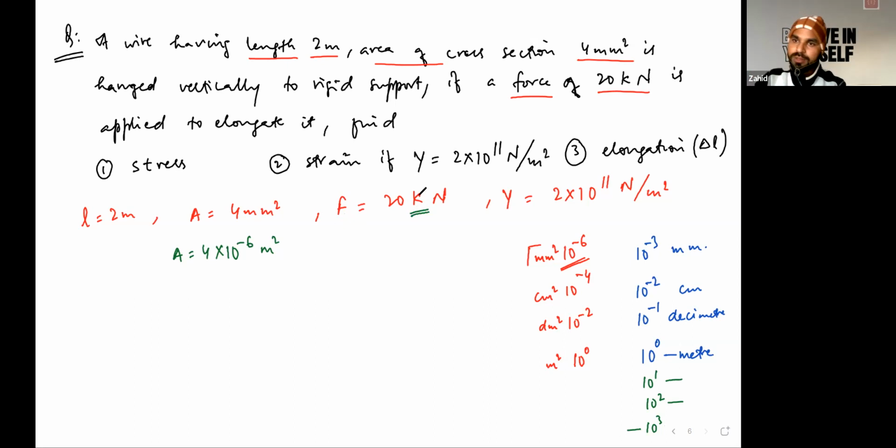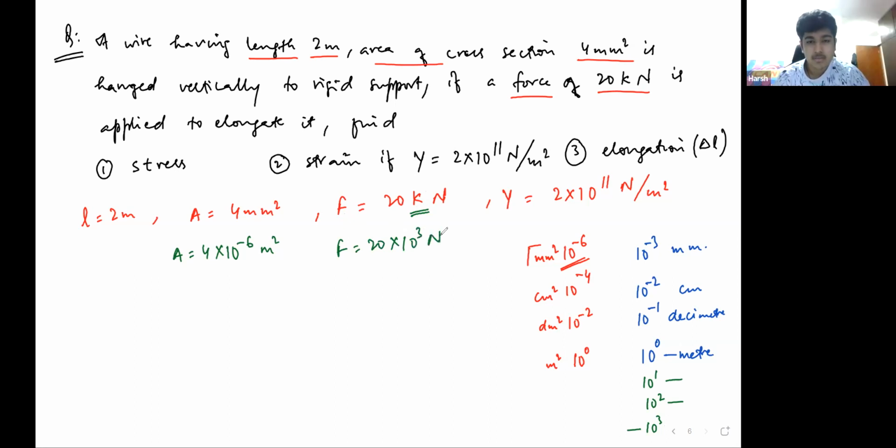How to convert it into base unit? You must multiply by 10 to the power 3. Is it clear? Yes. So it will be 20 into 10 to the power 3 Newton. Now we have all the values in SI unit. So just apply the formula, put the values and simplify it. Try to solve.